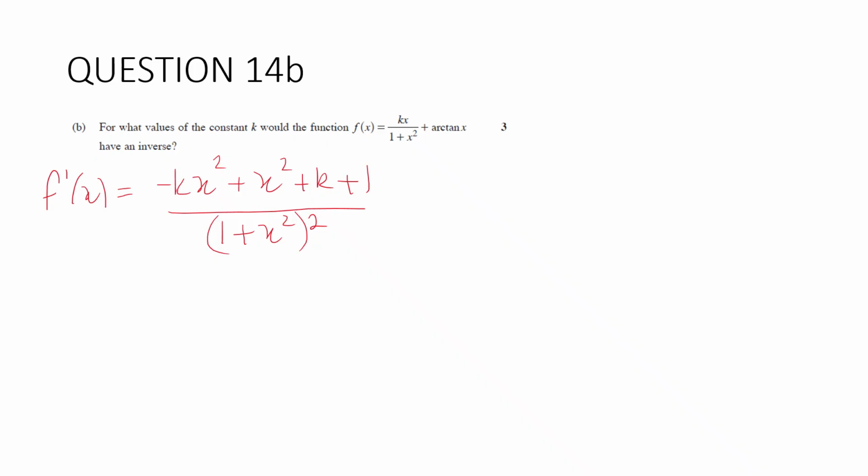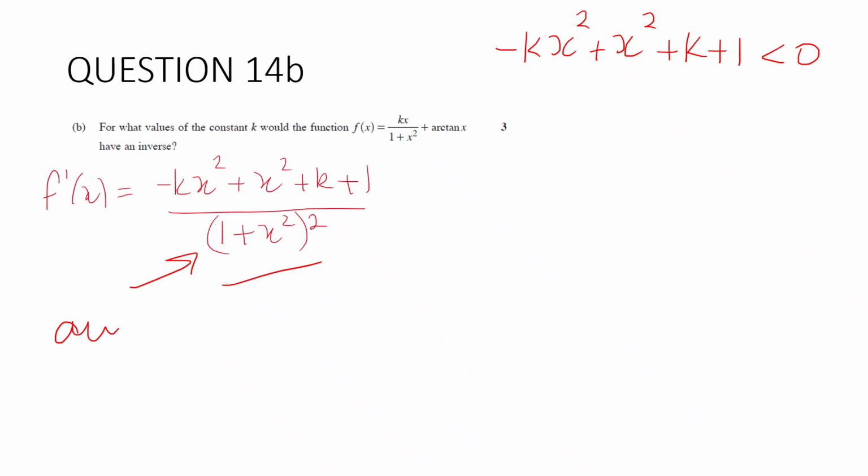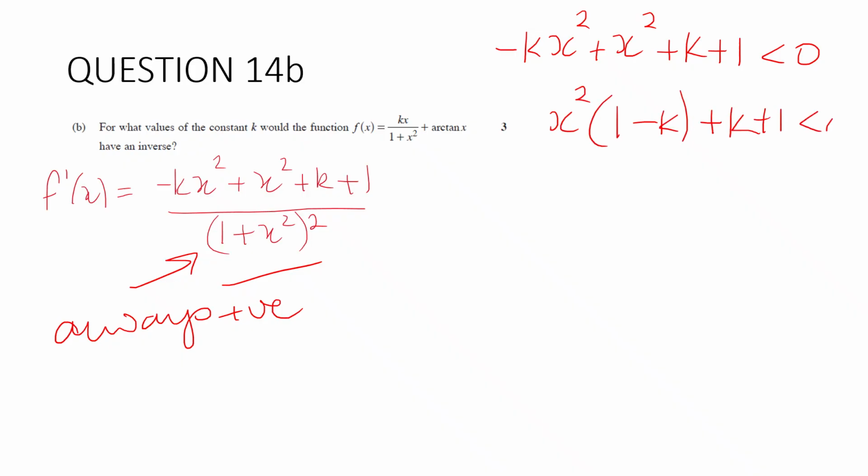Can we find a k where this is always going to be less than 0? So negative kx squared plus x squared plus k plus 1 is less than 0. Again, because this is always positive, we can ignore the denominator. So factorising x squared 1 minus k plus 1, and this time we want it less than 0.